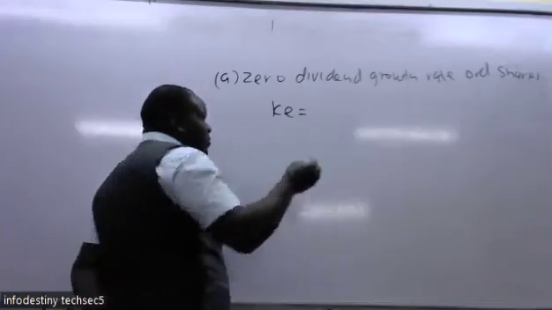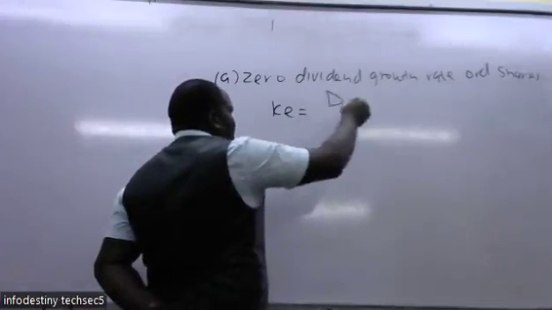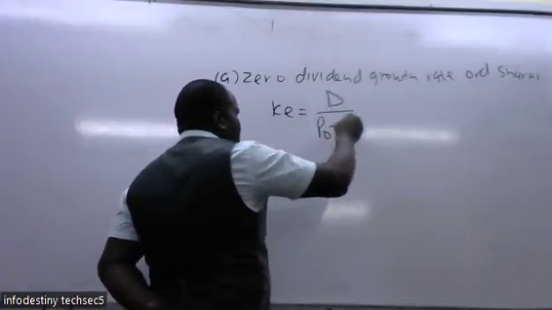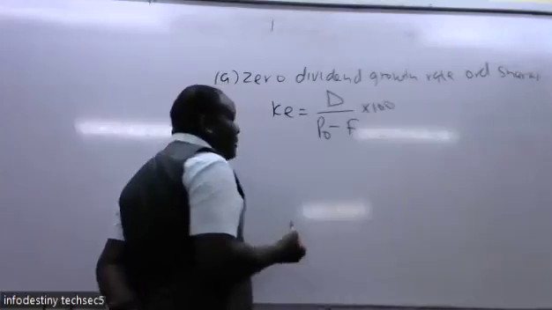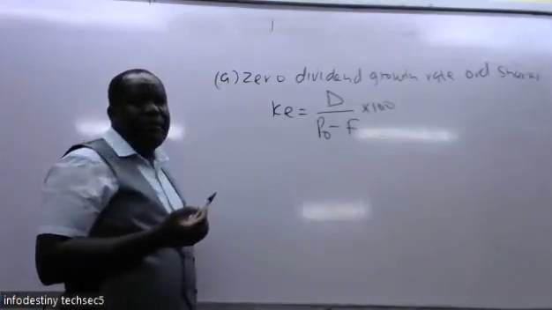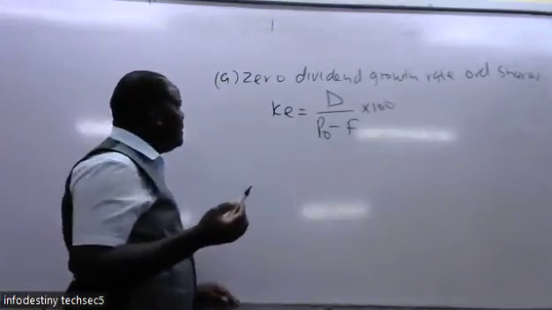It will be equal to D divided by P0 minus F, then we express it as a percentage.